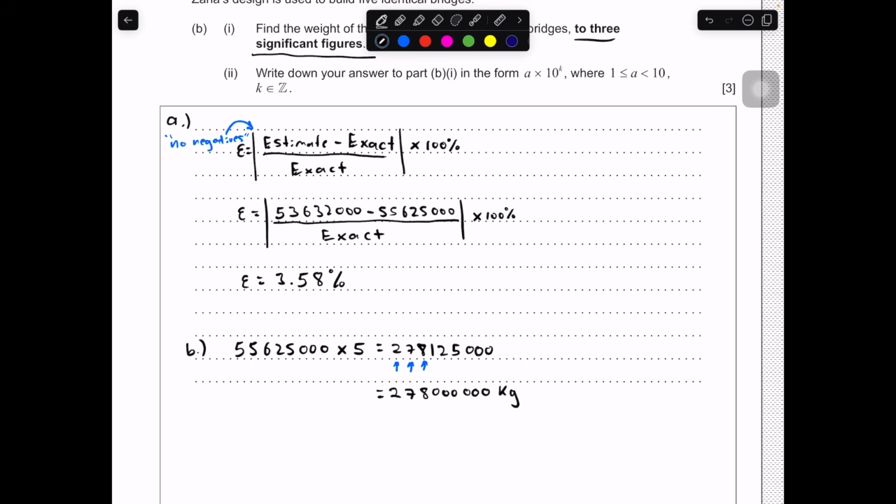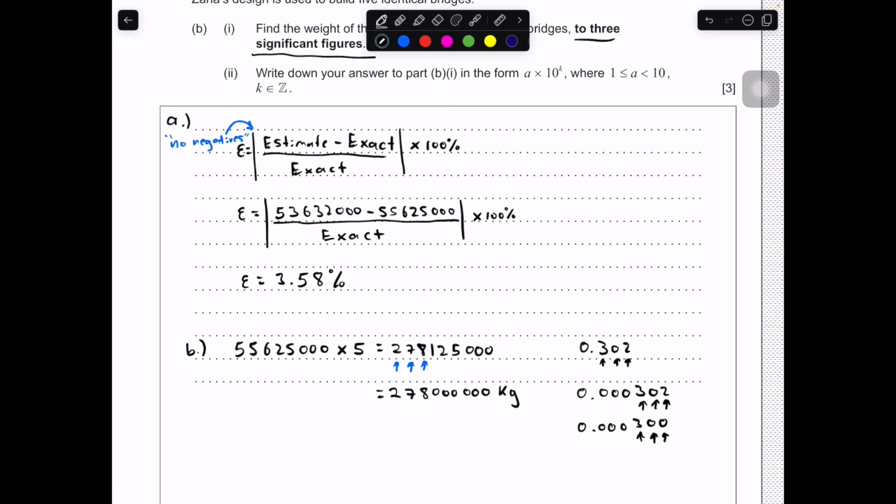Significant figures, remember, are, for example, if we're looking at numbers with zeros, so if we have something like 0.302, this would be 1, 2, 3 significant figures. But if we have something like this, it would be 1, 2, 3 significant figures. And then lastly, if we had something like this, it would still be 1, 2, 3 significant figures.